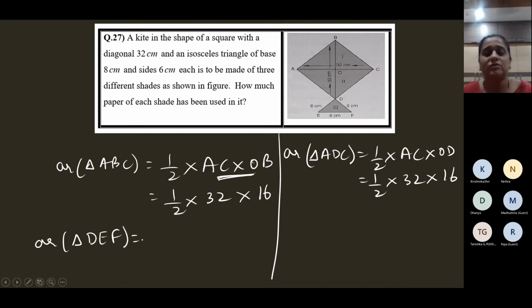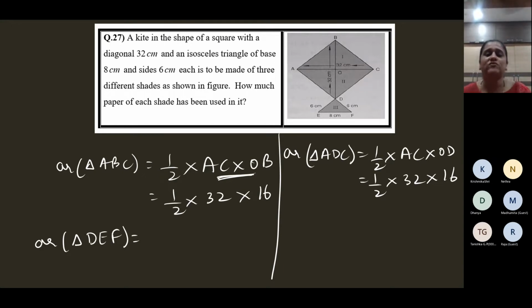What special name can you give to the triangle? It is an isosceles triangle. And how will you find the area? Using Heron's formula. Tell me the formula. Root of S into S minus A into S minus B into S minus C. Very good.